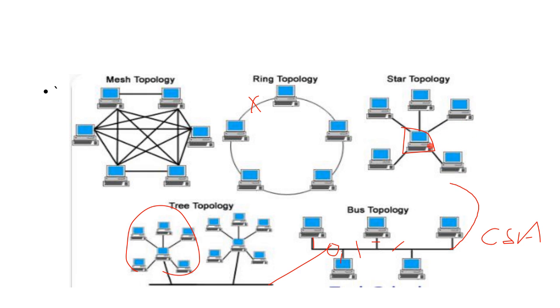You can control all these devices from the central device here. It is also cost effective compared to, let's say, the mesh, where we need a cable connection to every device.